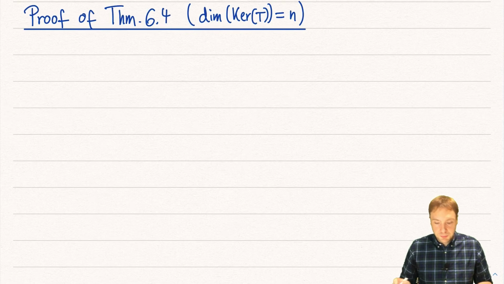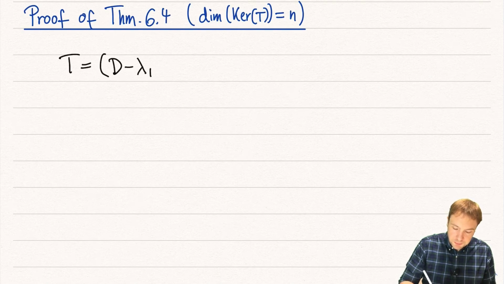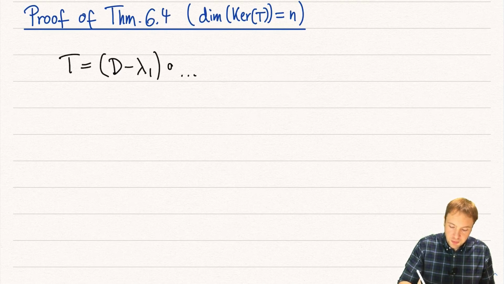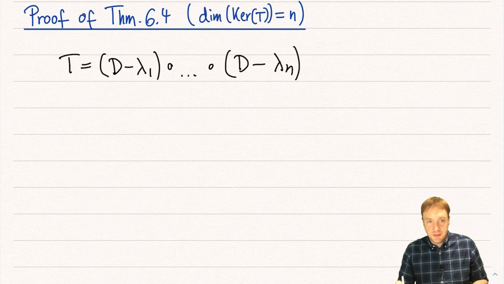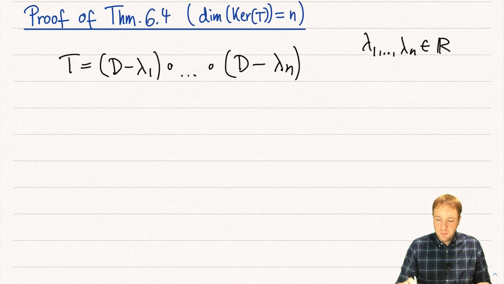So first assume that our differential operator has the following shape: d minus lambda 1, well, we can assume that there's also some factor which we can ignore now, because we're interested in the kernel, up to d minus lambda n. So let's start with this case here, and these lambdas are just some real numbers, which can be the same.